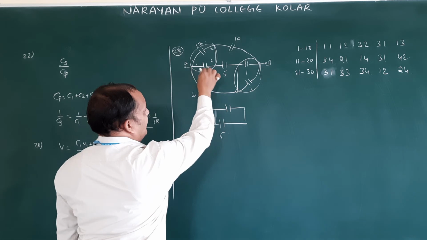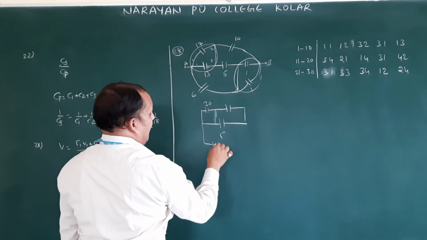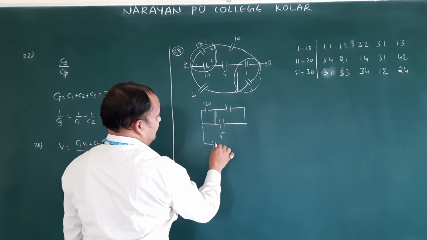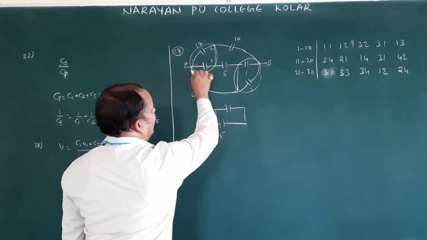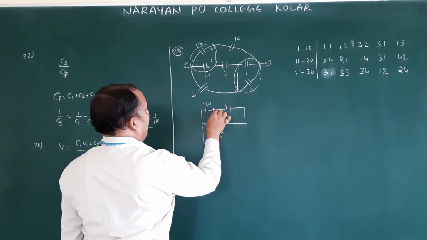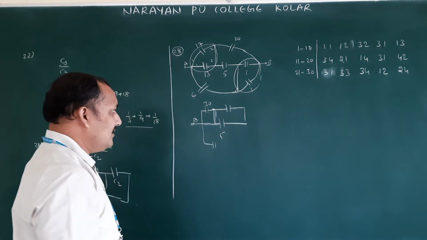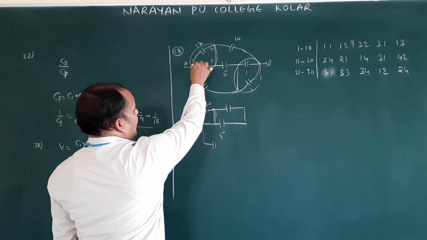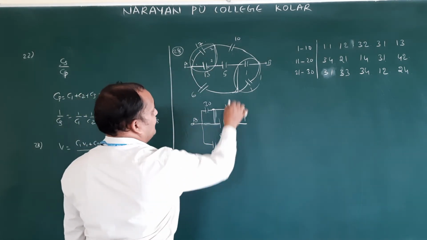Here 13, here 6 is going to come up to here. Isn't it? 6 only. But this 5 is connecting from here, not from A. From A, 6 is coming. This is going and connecting here.